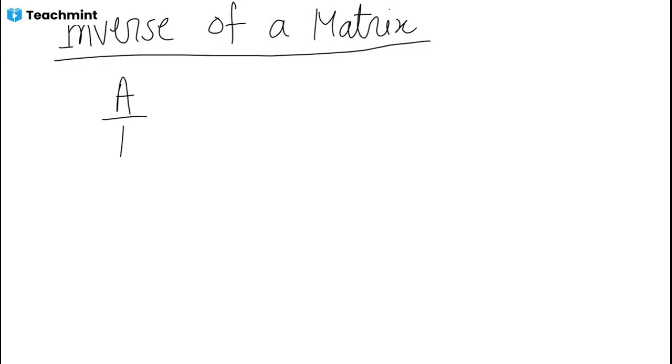Like if we need to find division like A over B, then we'll do B inverse into A. So here we use inverse instead of division.